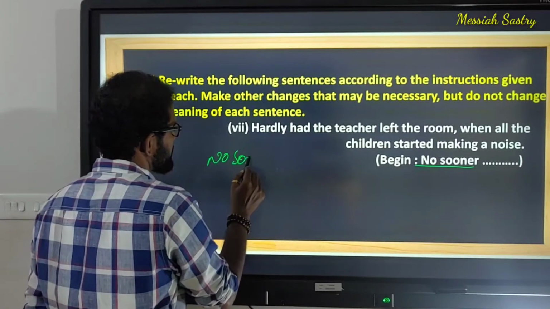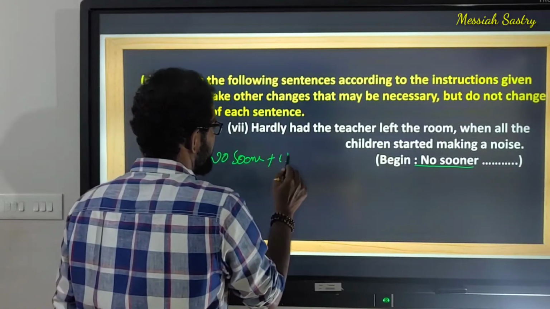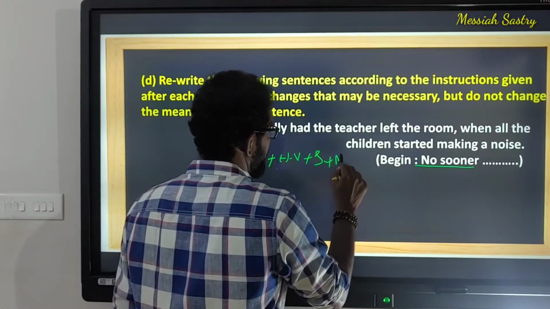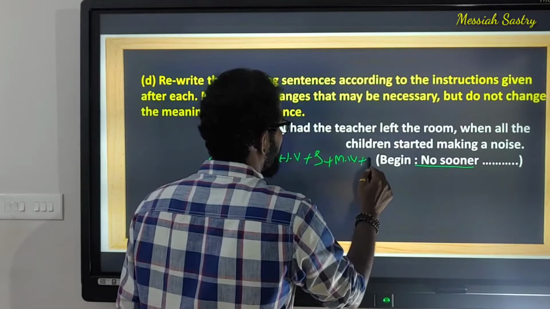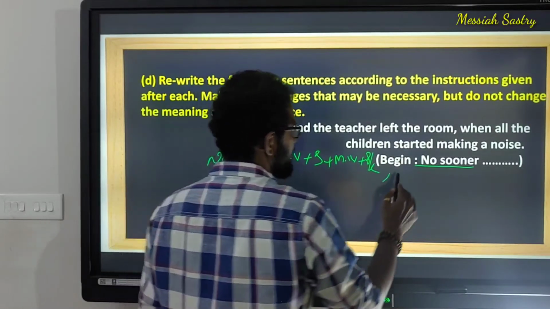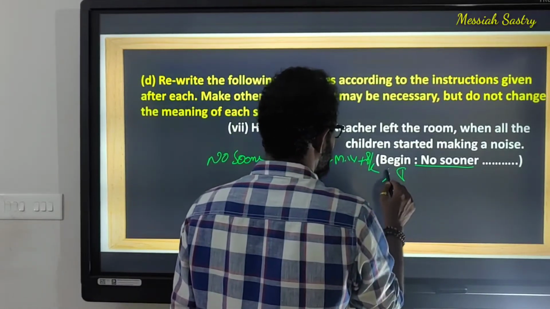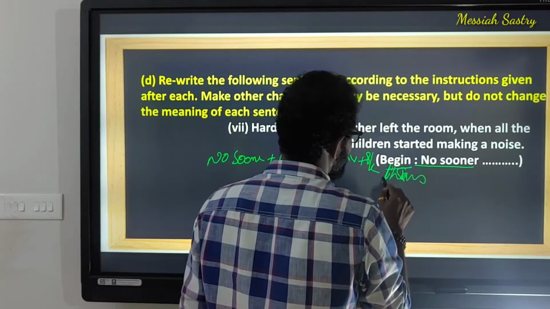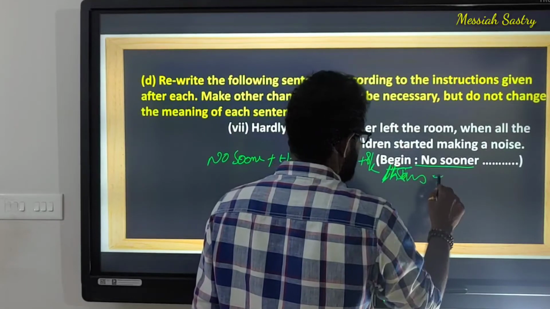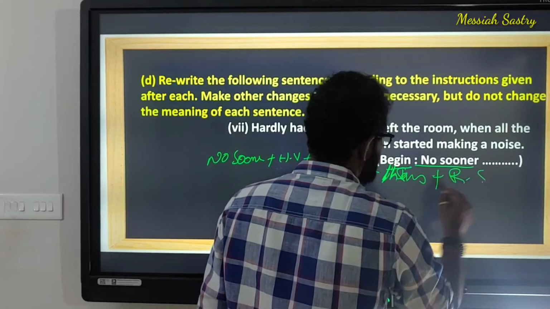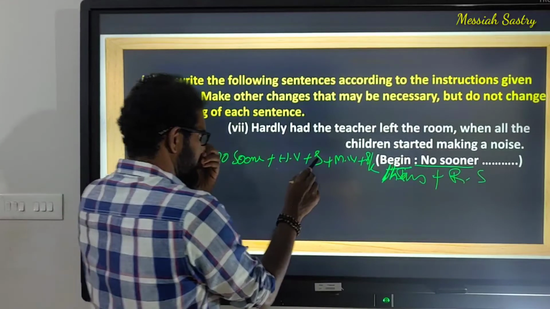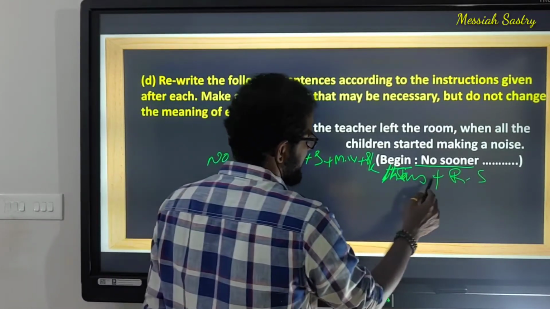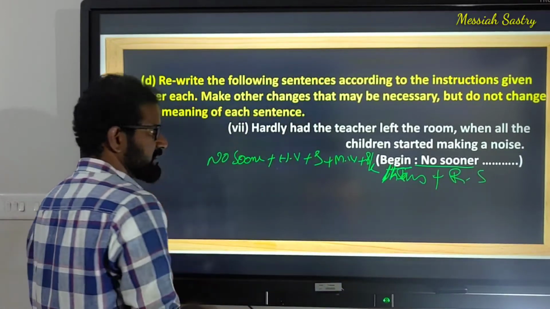No sooner plus helping verb plus subject plus main verb plus object or complement, plus than, plus the remaining sentence. This is no sooner.